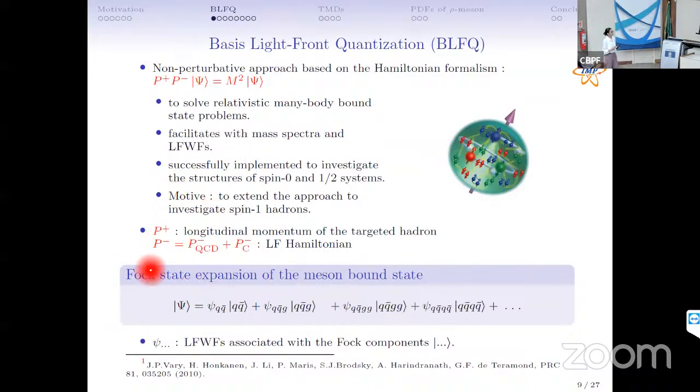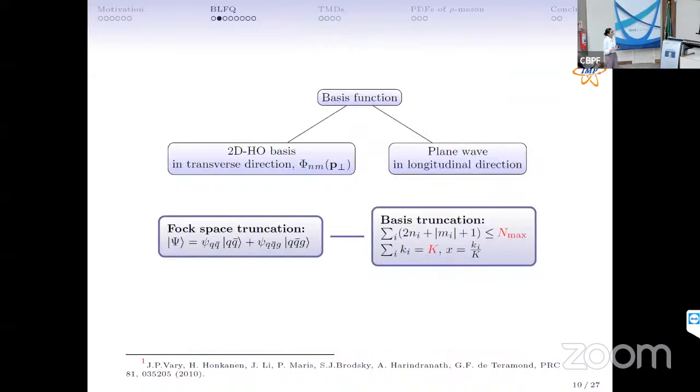The light front Hamiltonian is a combination of the light front QCD Hamiltonian plus the confinement. For the meson systems, we have taken up to the second Fock sector truncation. Each particle in a Fock sector is defined through basis functions: in the transverse direction we take a two-dimensional harmonic basis, and in the longitudinal direction a plane wave.